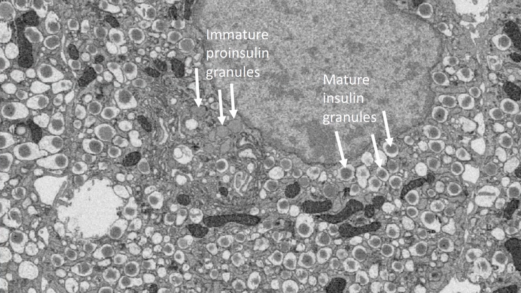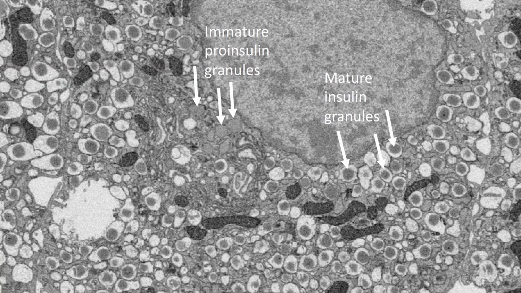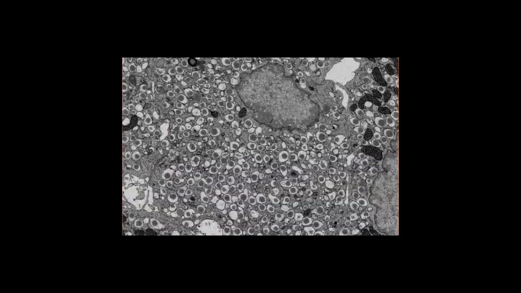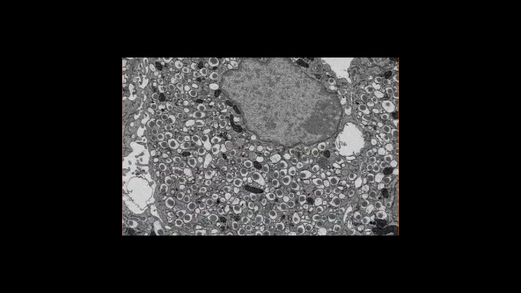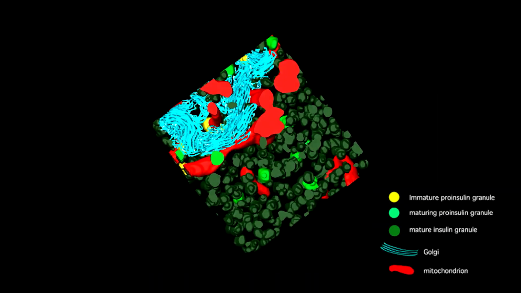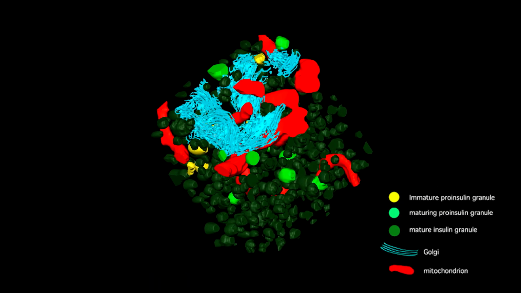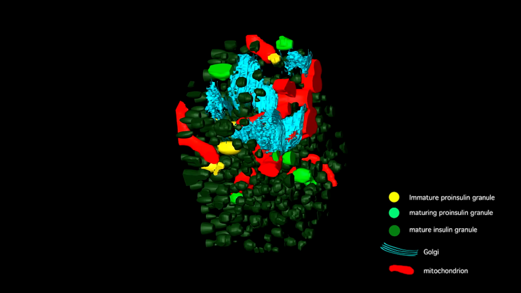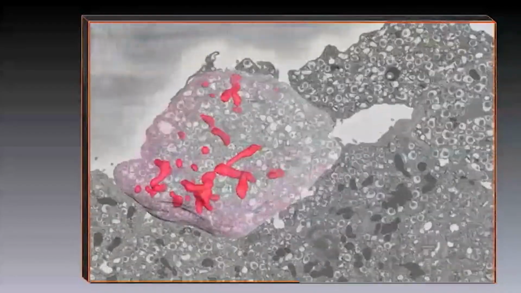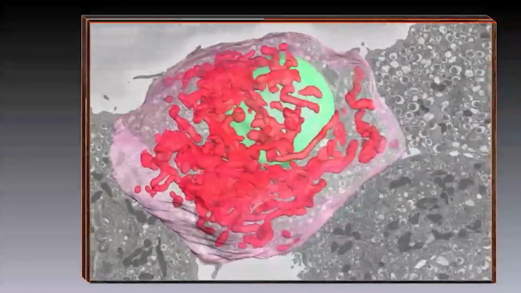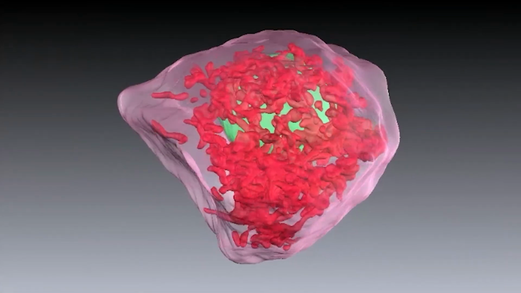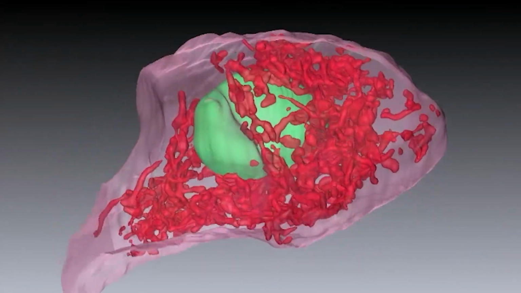And we discovered that we could see very clearly the immature secretory granules of proinsulin. We discovered that we could quantify the amount of proinsulin granules in these cells. So I think the technique links the function to the structures in a way that hadn't been done before, because we were looking at entire cells rather than just random cuts through these insulin-containing cells.